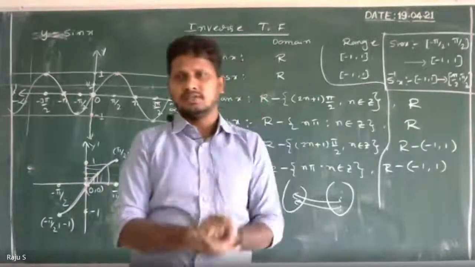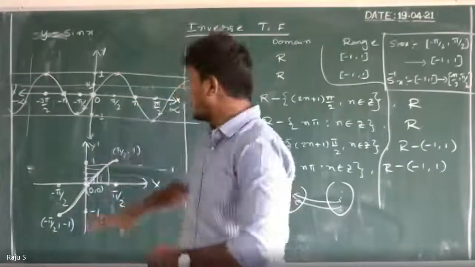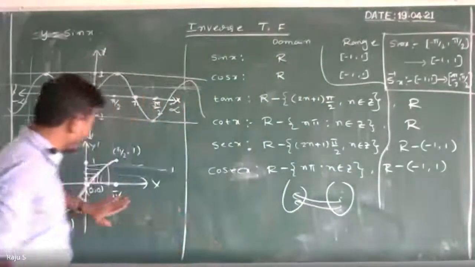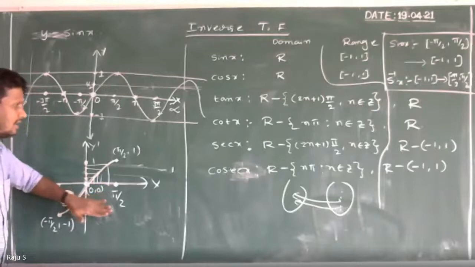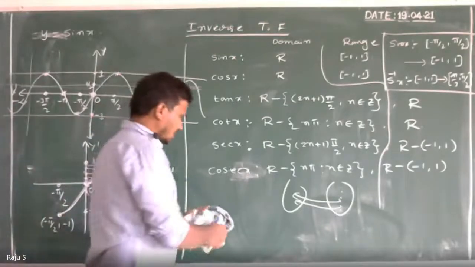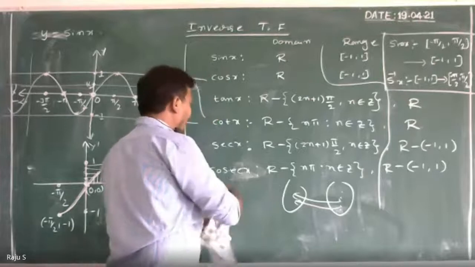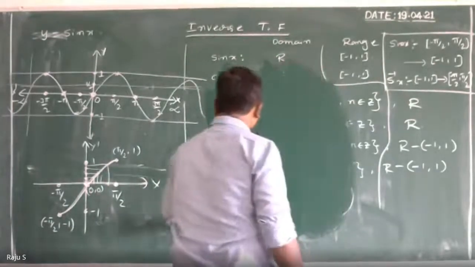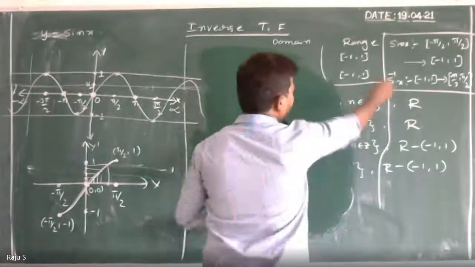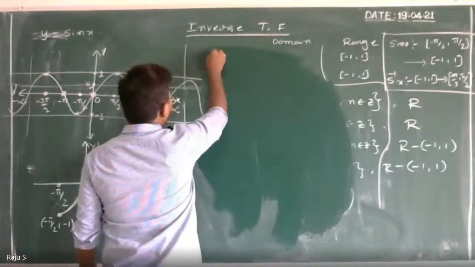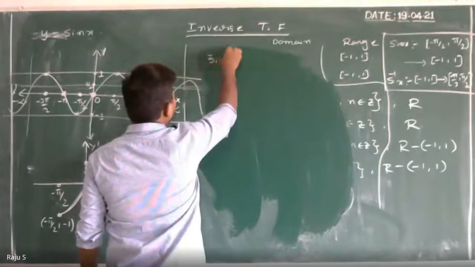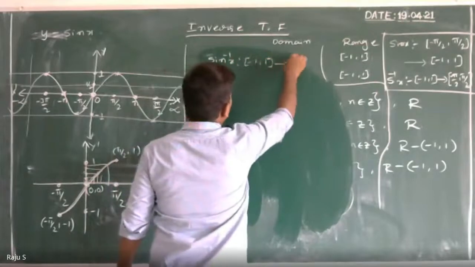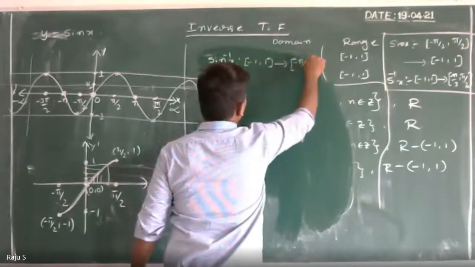So they interchange. Now if we draw the graph of sine inverse, this is just the sin x graph, so we simply change. Sine inverse x is from where to where? Minus 1, 1 to minus 90 to 90.